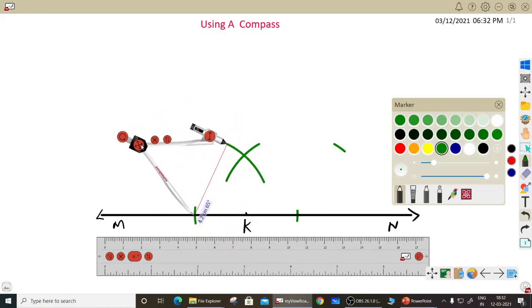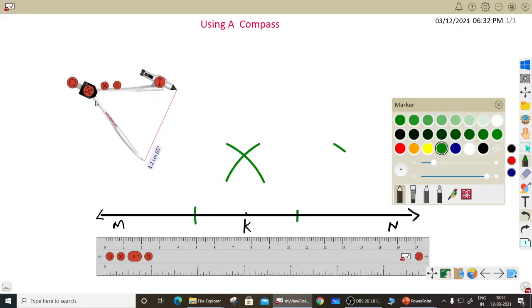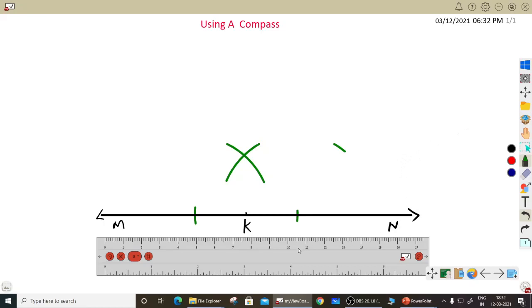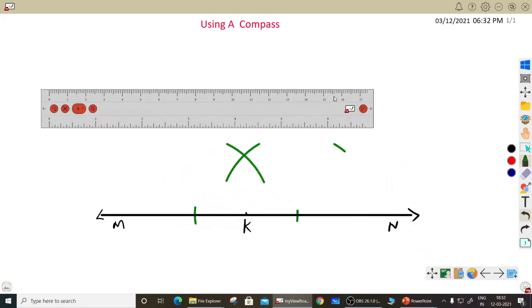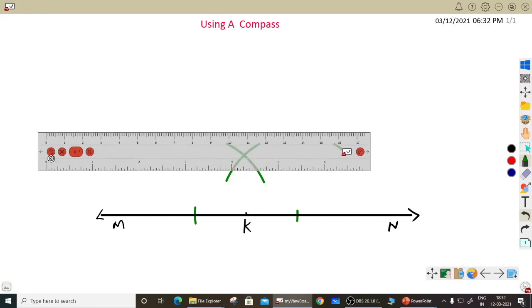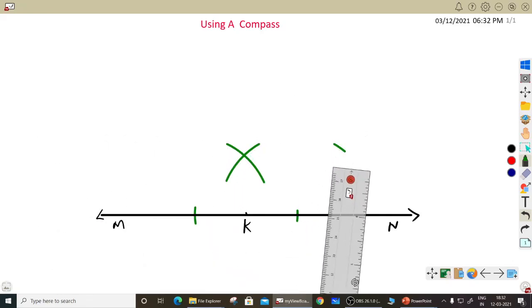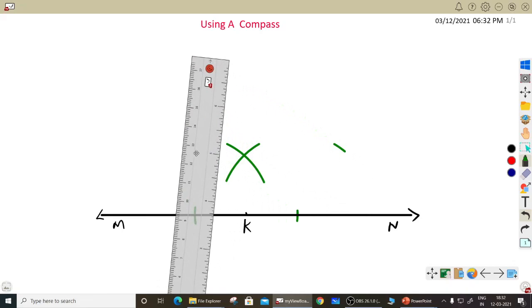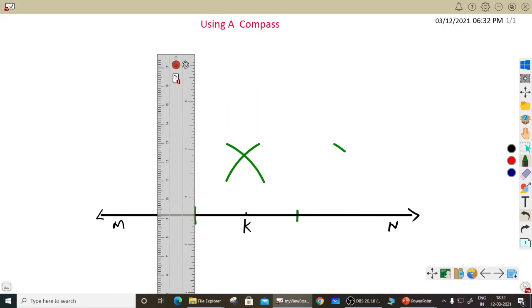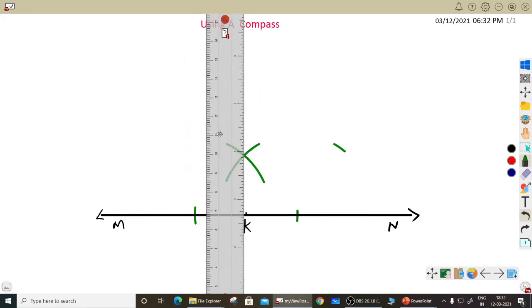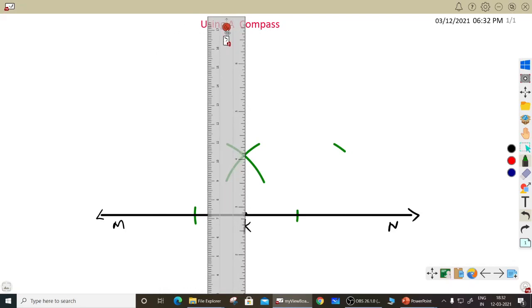Yes, these two arcs are meeting at a point, and through this point and the K which we have drawn earlier, if you draw a line, that line will be perpendicular to the given line.